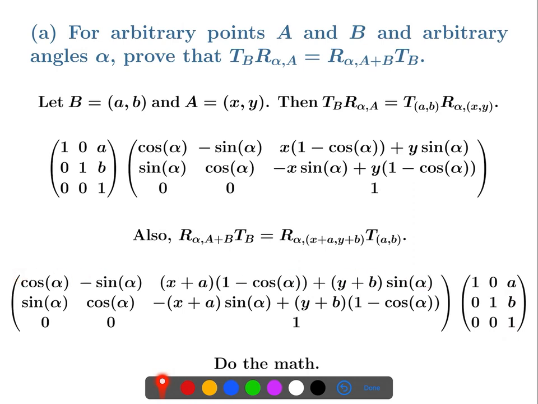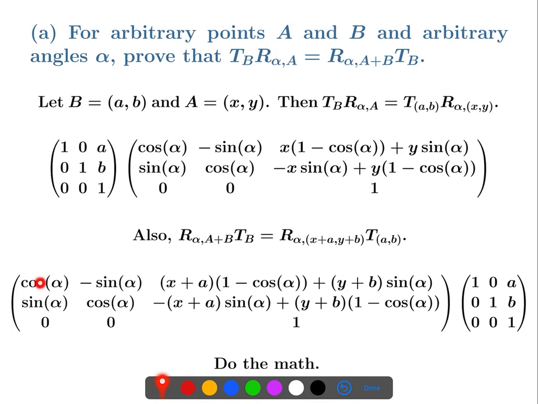This looks messier, but it should equal the same thing as this dotted with this. So let's check that. Let's start at the top here. 1 times this plus 0 times this plus a times 1. So we're just getting this plus a. So that should be what's in the first row and third column of the product.